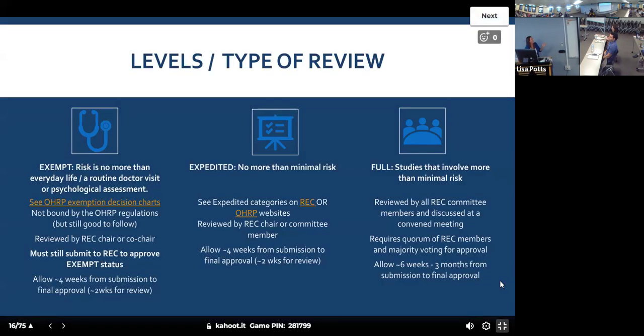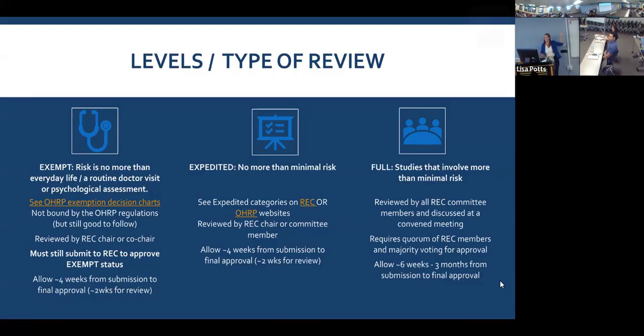All right, so like it said on that previous slide, essentially the level of risk is going to inform the type of review or the level of review that's needed. So these are our different categories. I have a few slides to go over, thinking about some of the exemptions that might apply.